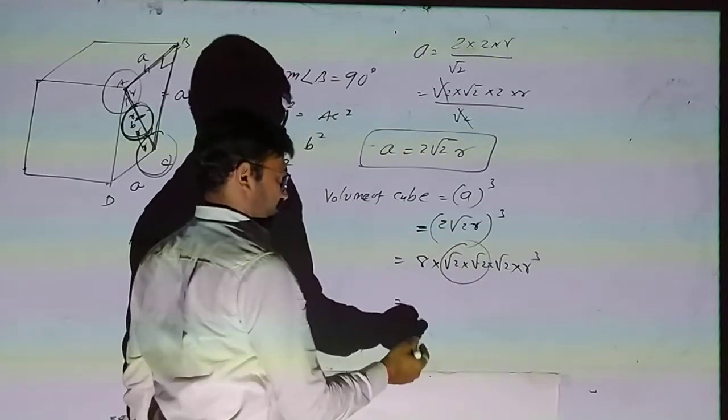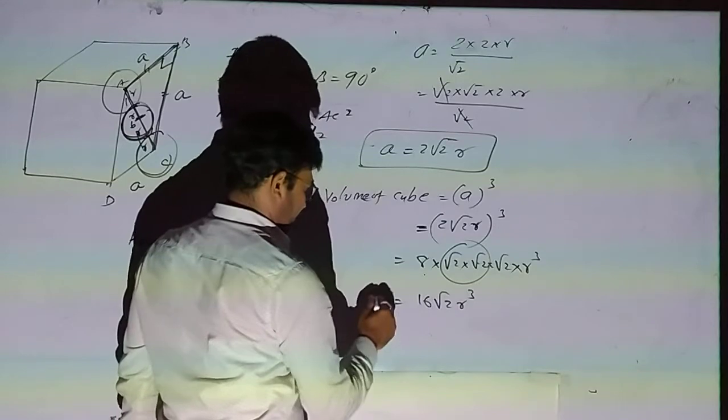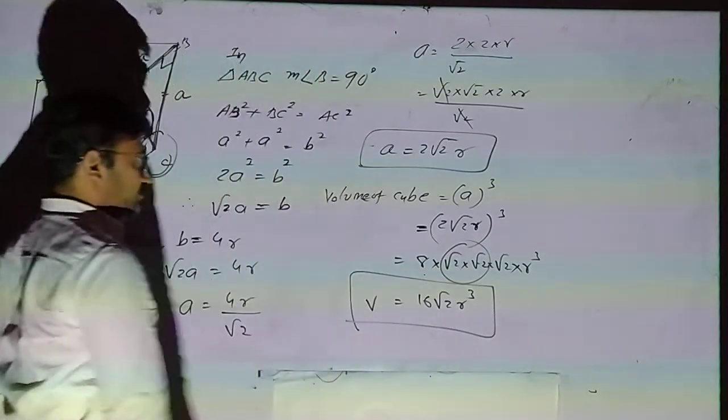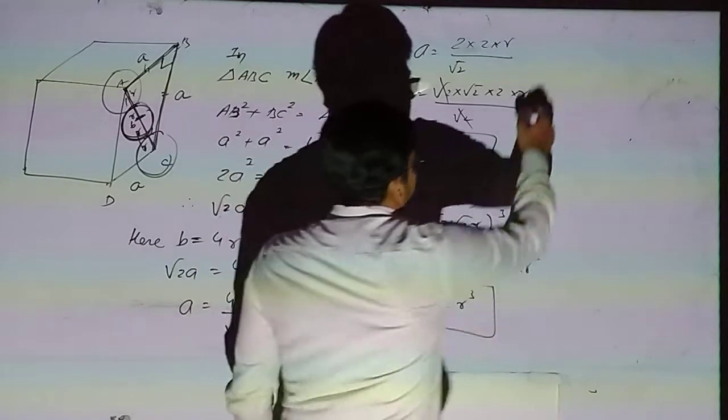Root 2 means 2, 8 times 2 is 16. So this is our volume of the cube. If 16 into root 2 r cube total volume is occupied by spheres, then packing efficiency will be 100%.